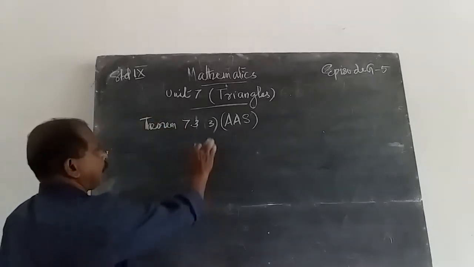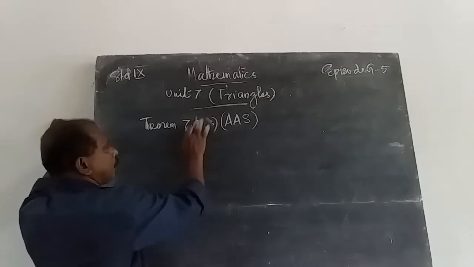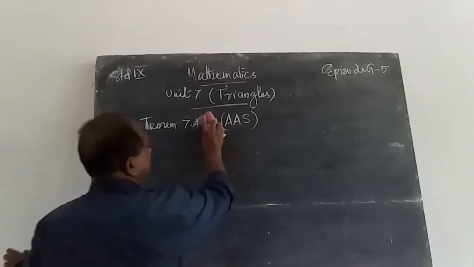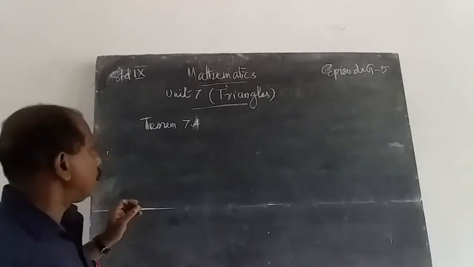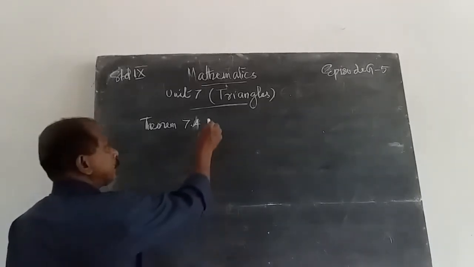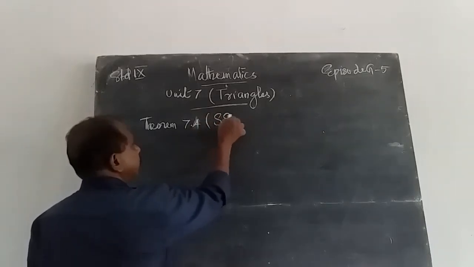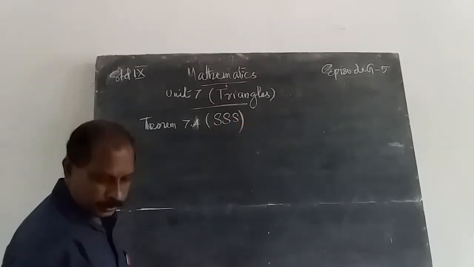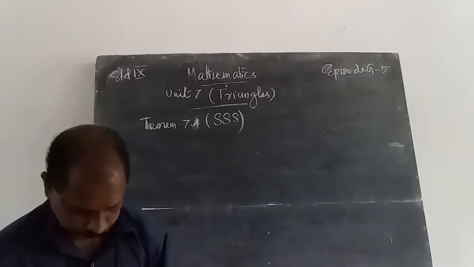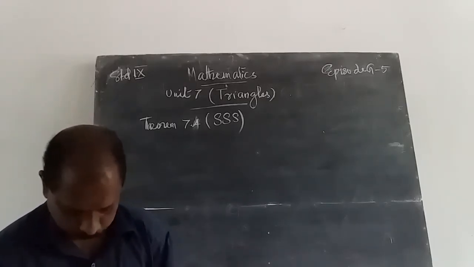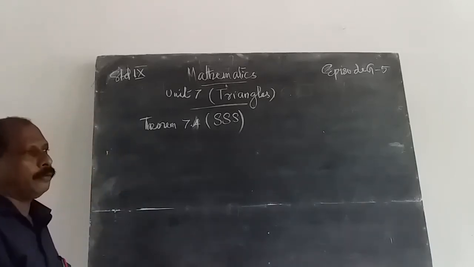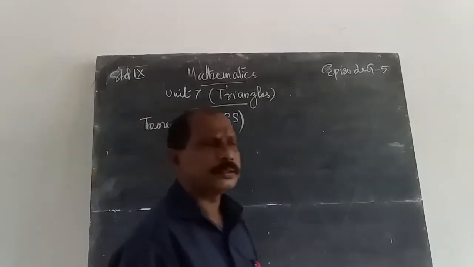That is theorem number 7.4. That one is the SSS criteria for triangles. What is SSS?